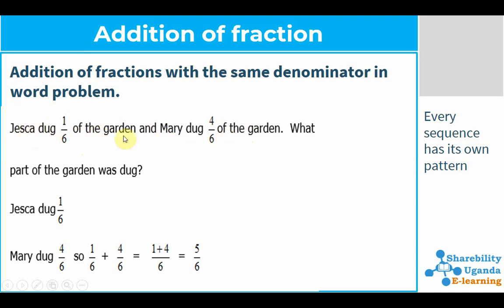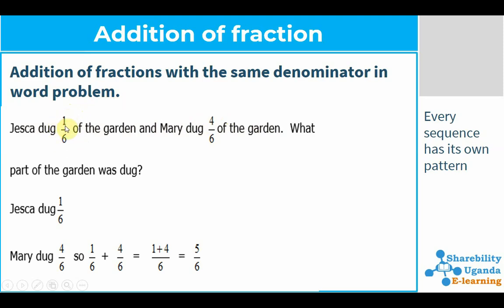So on the land that they were digging, they are saying Jessica dug 1 out of 6 of the garden, and Mary also dug 4 out of 6 of the garden. Here we are seeing these numbers are given in fractions.